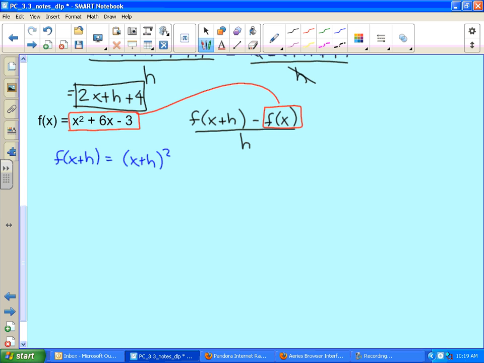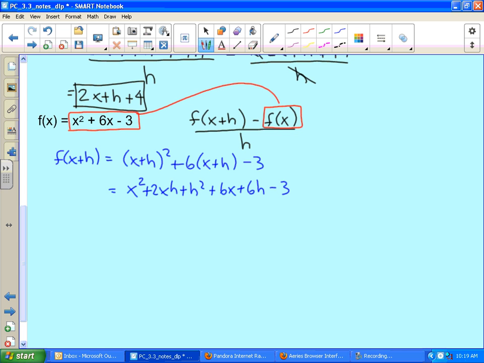So x plus h squared plus 6 times x plus h minus 3. And then FOIL: x squared plus 2xh plus h squared. Distribute: 6h, 6x minus 3. Nothing will be able to combine because they're all different.